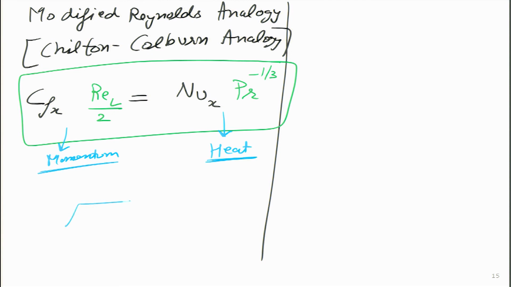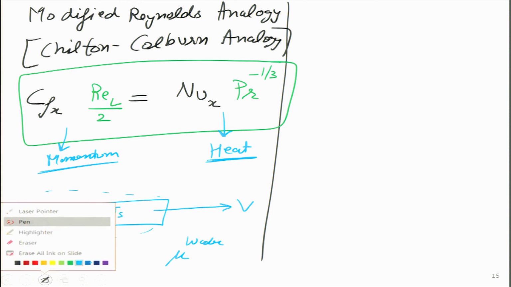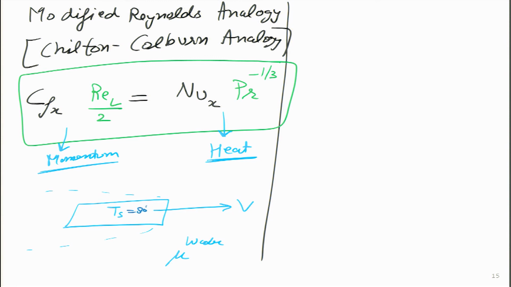So, if we have some sort of a plank or something which is floating, I am pulling it with some velocity over here. This is in the river, so some wake is being formed over here. This is water around here, then some viscosity I know. The surface is having higher temperature Ts. Let us say it is at 80 degrees. The water is cold, 10 degrees.